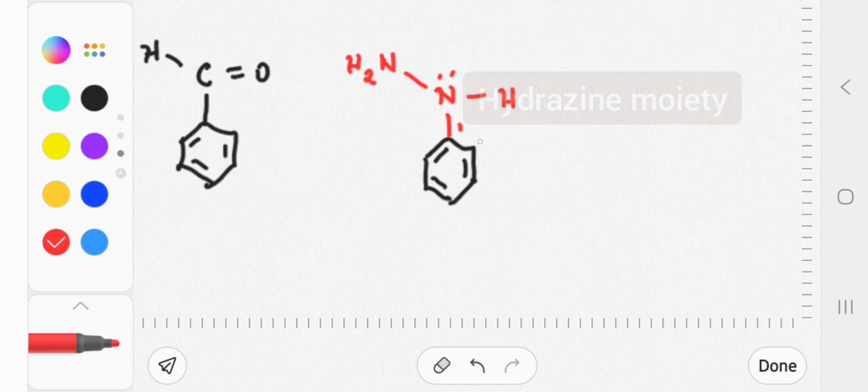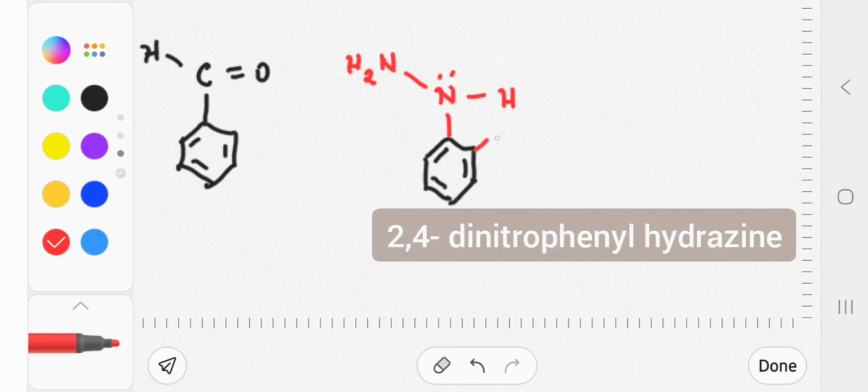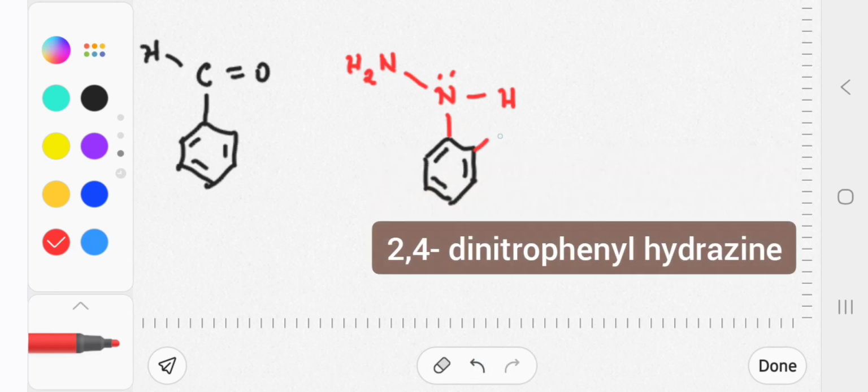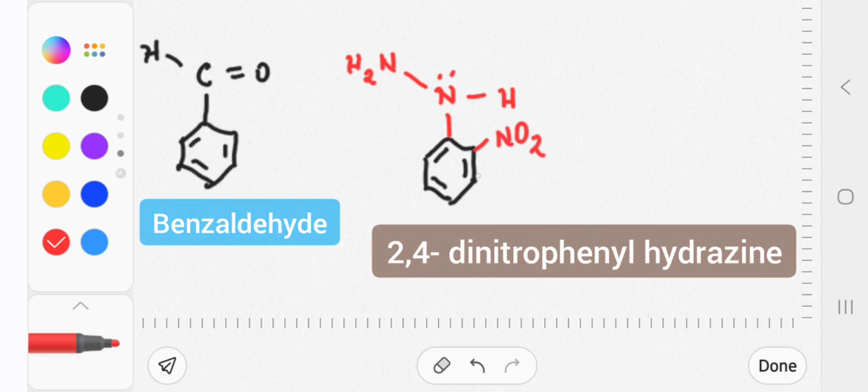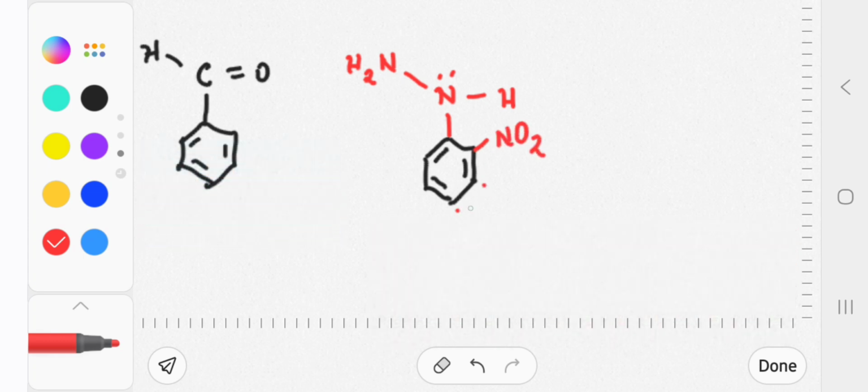So this is 1, this is 2. On the second carbon we are going to have a nitro, it's 2,4-dinitrophenylhydrazine. So we're going to have NO2 here. This is 2, this is 3, this is 4. So I'm going to put another NO2, another nitro group there. So this is 2,4-dinitrophenylhydrazine. This is 1, this is 2, this is 3, and this is 4. So that is 2, 4.